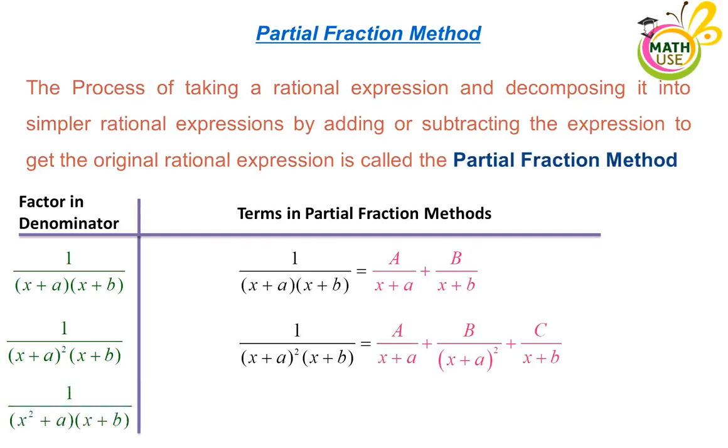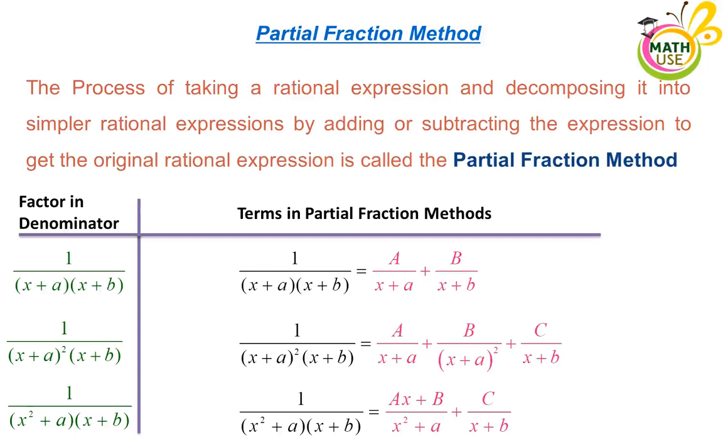The next one is 1 divided by x square plus a into x plus b. See that x square plus a is not possible to factor further. So this type can be expressed in partial fractions as capital A x plus B divided by x square plus a.